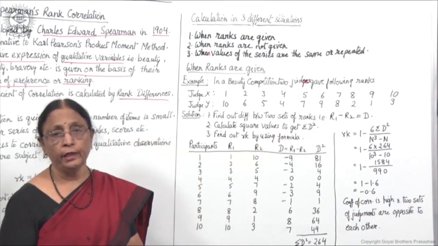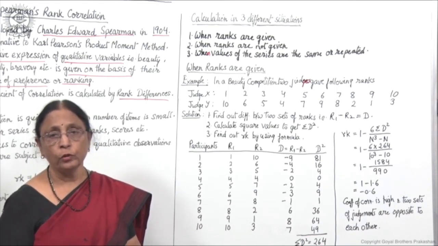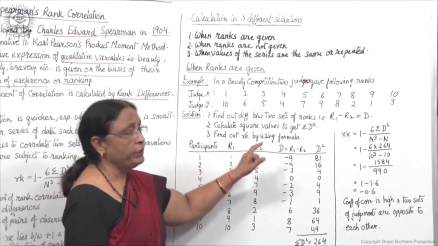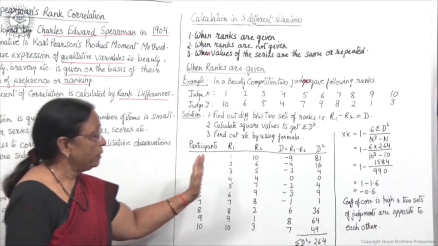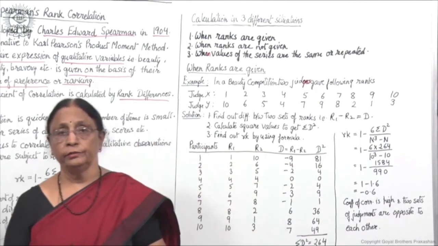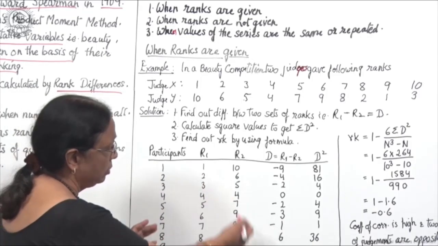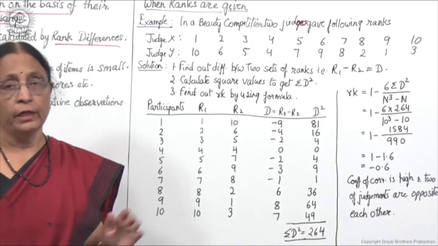After getting D, we have to make square of it, and that will give you D square. Total of that column will give you sigma D square. Find out RK by using the formula. I gave you the formula here, and this is the formula again written here. Find out RK.